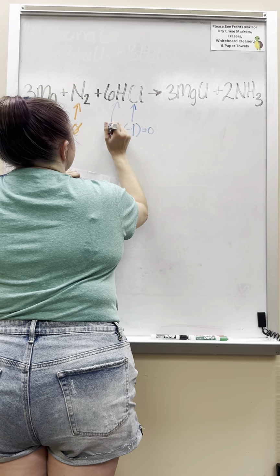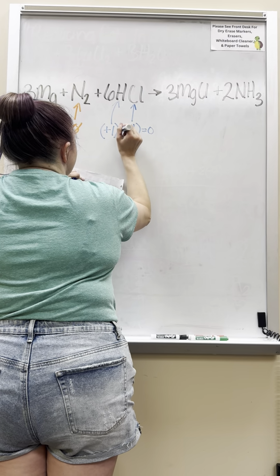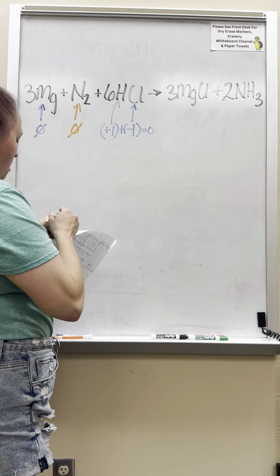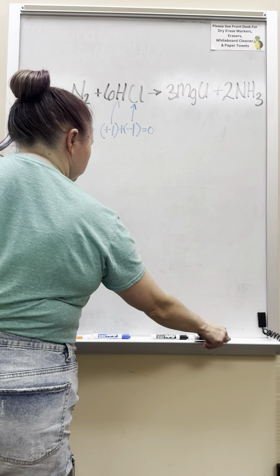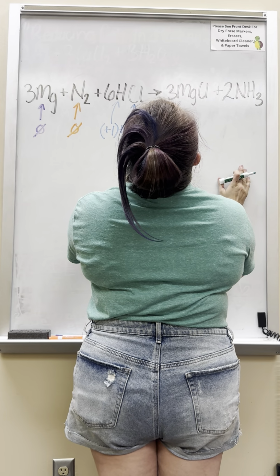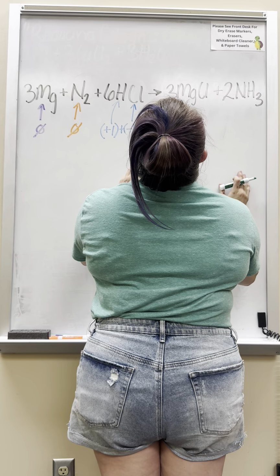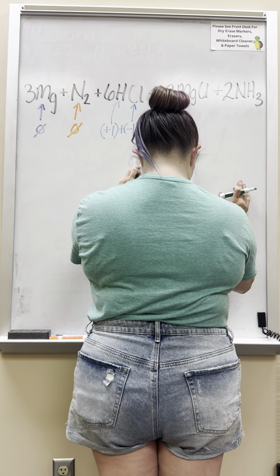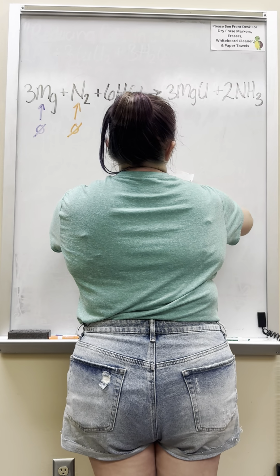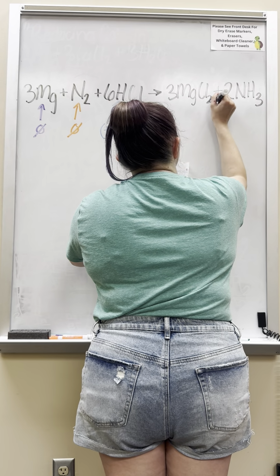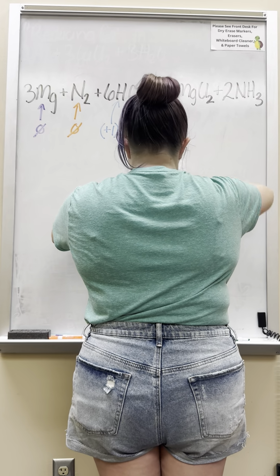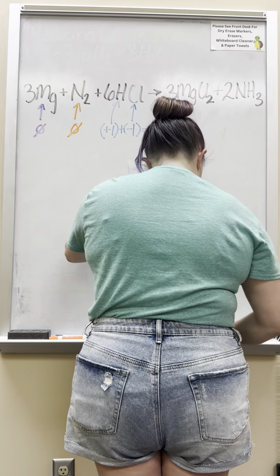H, normally +1. That is true. All right. We're halfway through. We can do this. Did I write this wrong? Yes, I did. Not very wrong. Just add a 2 right here. I knew that wasn't right. I'm getting tired and my eyeballs are not working.